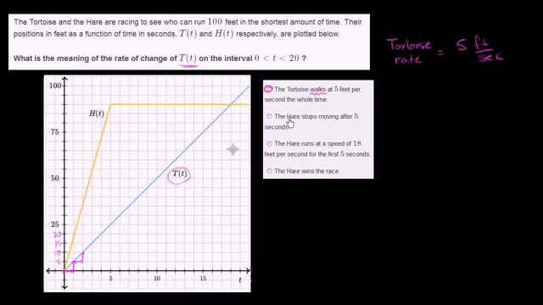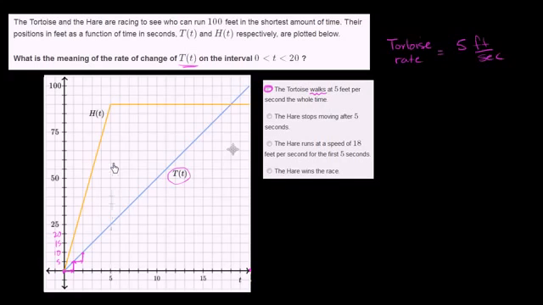But we are going to go with that one. Now let's just look at the other ones for fun to see how true they are, or if they could have somehow applied to this problem. The hare stops moving after 5 seconds. So let's see. This is time 0. This is 5 seconds.